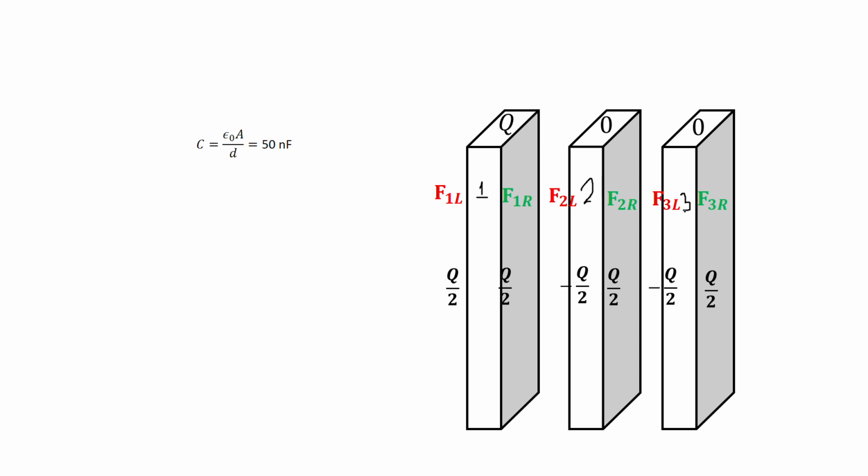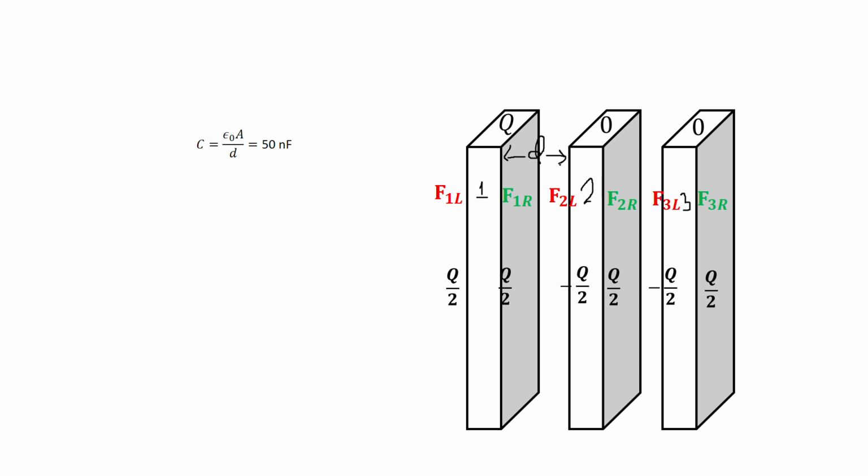Capacitance is a purely geometric consideration, epsilon naught A by D, where D is the separation between the plates, which is the same for both. So epsilon naught A by D is given as 50 nanofarad. We will use this expression to calculate the potential difference.